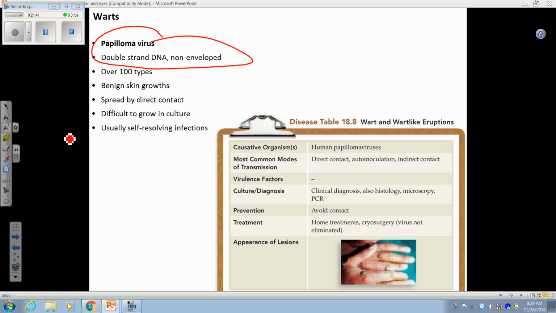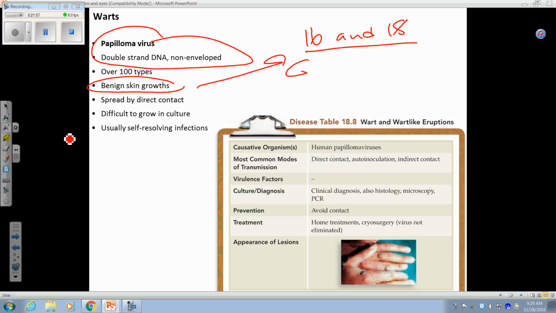The skin growths that are caused by the papillomavirus are benign. Although, when certain subtypes, most prominent are 16 and 18, infect the epithelium of the cervix, which is, I want to remind you, stratified squamous, right?